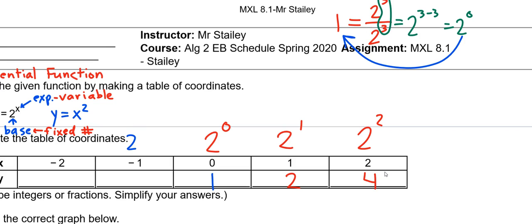Now, we do know what's going to happen with the next one because we talked about it last chapter. What is 2 to the negative first? What happens to the 2 when you raise it to the 0? 2 over 1 is what it is right now.